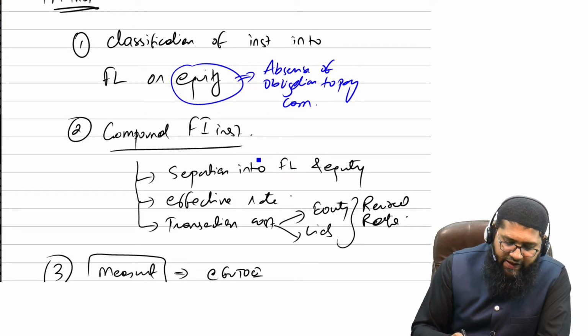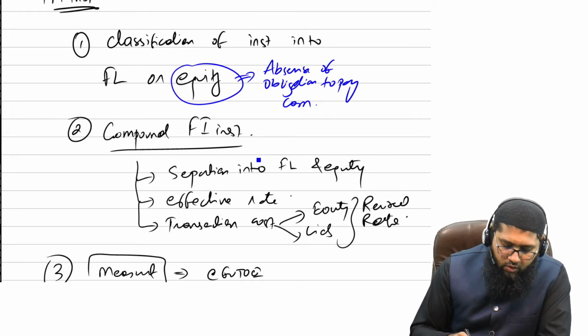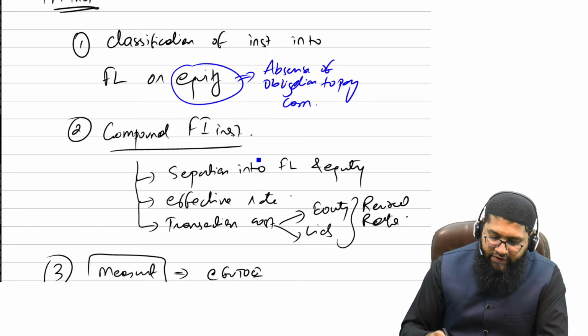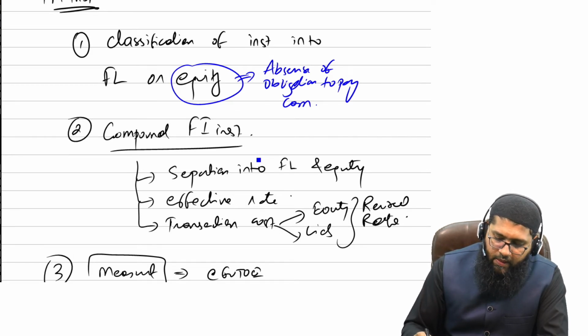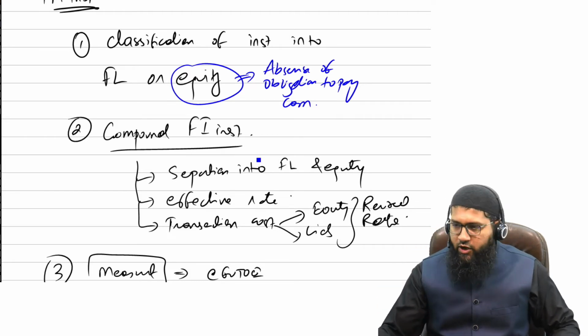The second is the tax base, which is the tax net book value of an item. Then you have something called temporary difference. What is this temporary difference? It's the difference between the carrying amount and the tax base.